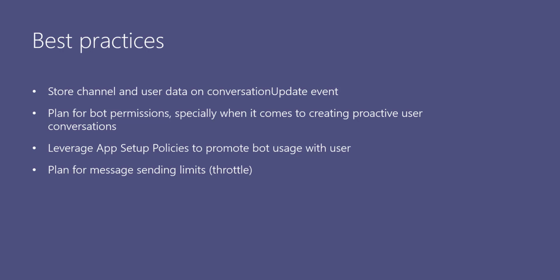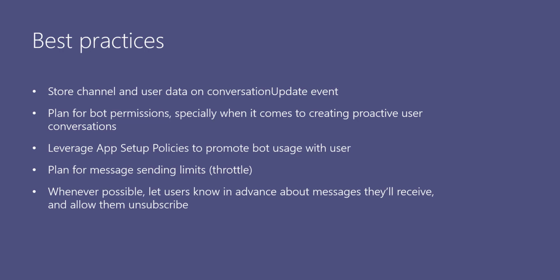You should also plan for throttling. There are limits on the number of messages a bot can send in a particular channel or conversation, so you should plan for that. And the Company Communicator app template is a great example of how you should plan for throttling and delay sending new messages.